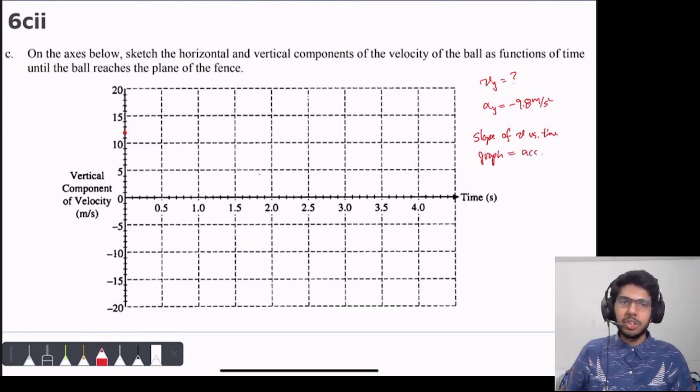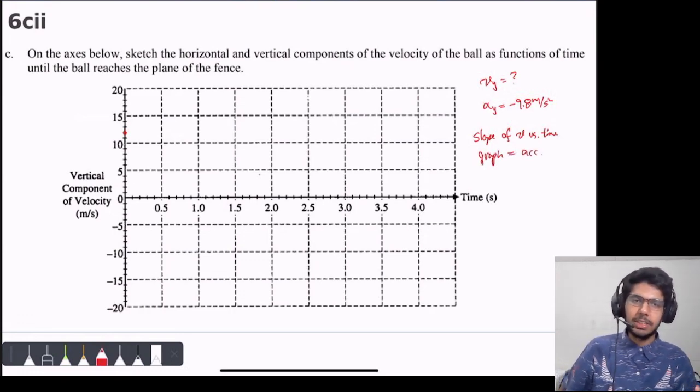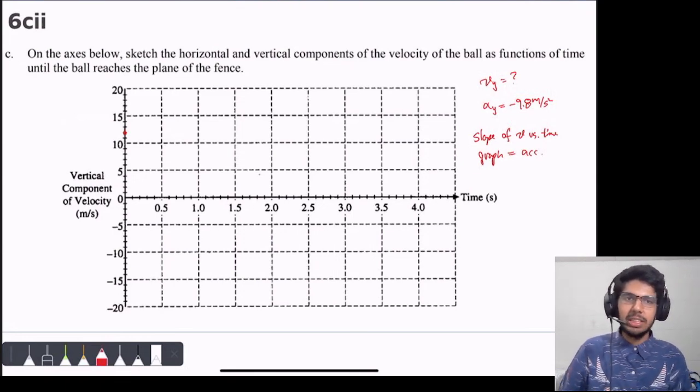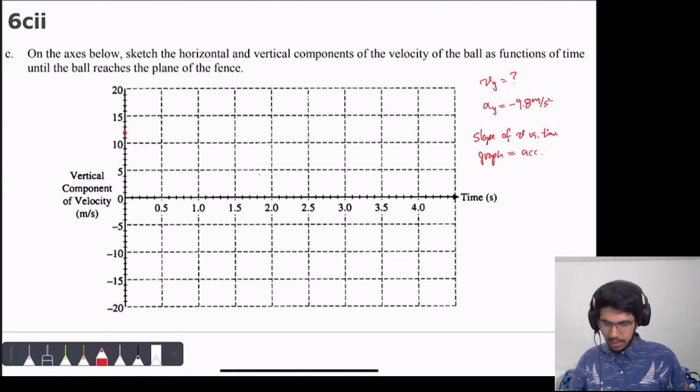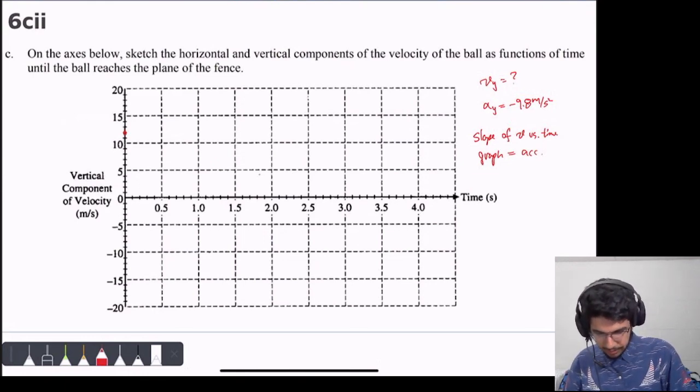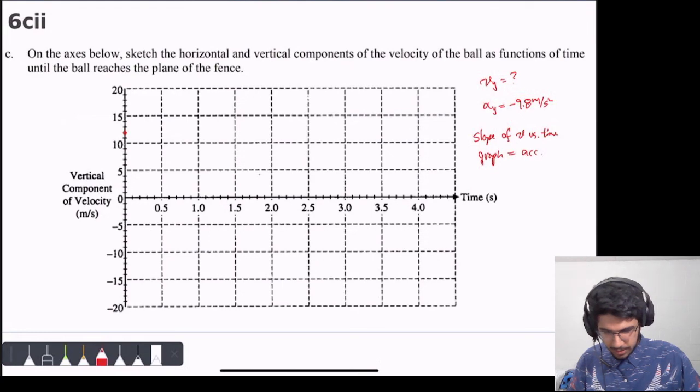So we want the slope of this graph at all points to be negative 9.8, because that is the only acceleration being experienced. So this should be a linear graph, right? A line with slope negative 9.8. And so at t equals 2, we actually end up somewhere down there.